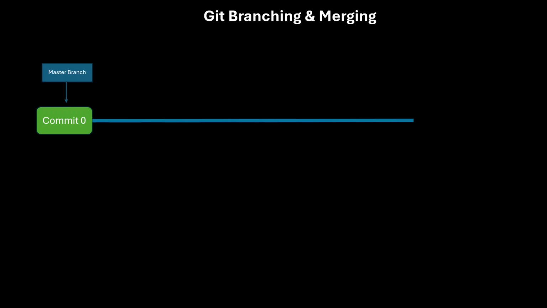Now, when we in general work with Git, the default branch name that you will see is master or sometimes main, but ideally the main concept is always similar.